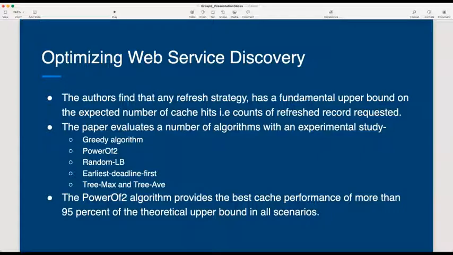The power of 2 algorithm provides the best cache performance of more than 95% of the theoretical upper bound in all scenarios. The EDF method has a comparable or even better performance in all scenarios.